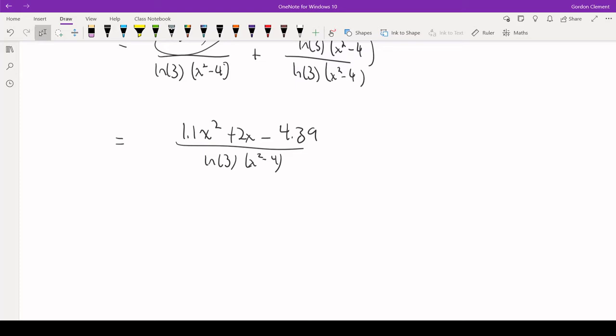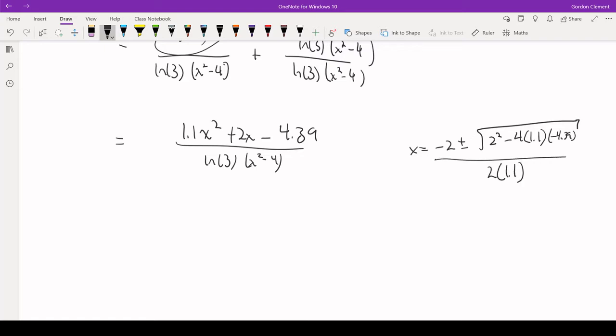So where the top is 0, should be -2 plus or minus the square root of, now I'm keeping all the decimals in my calculator, so I got 23.31 when I did that without any rounding.